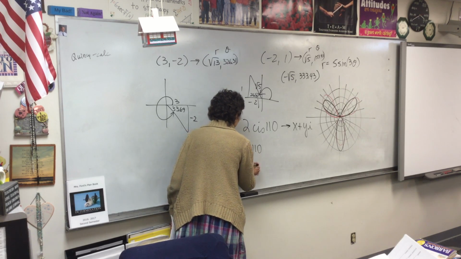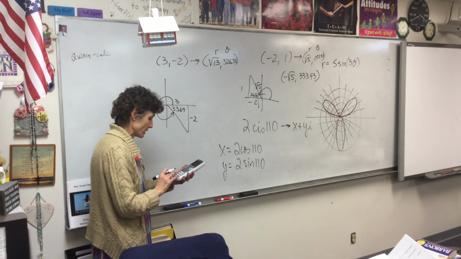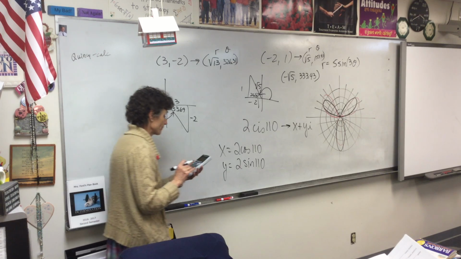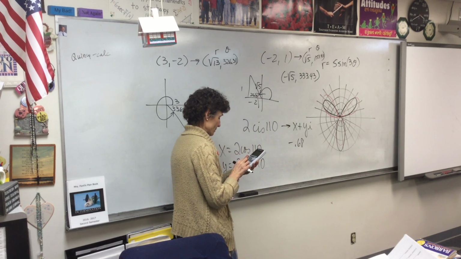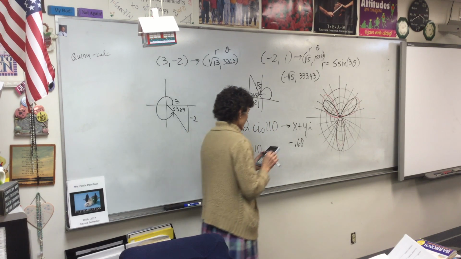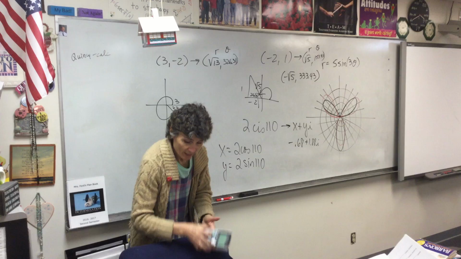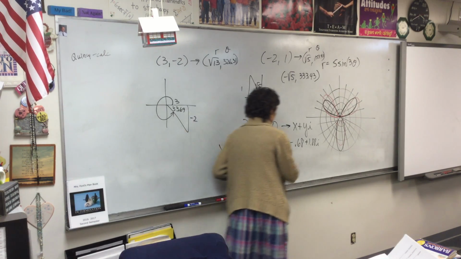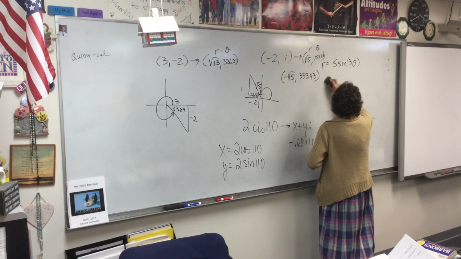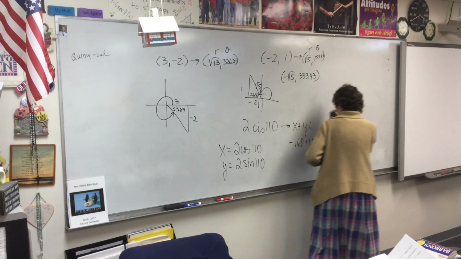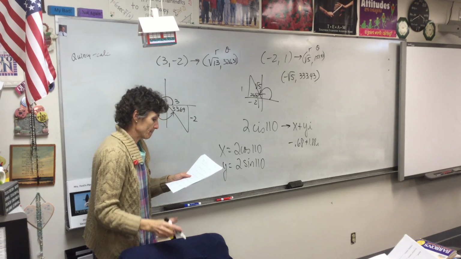Y equals 2 sine 110. 110 is not special, so I don't have a choice. I have to do it. So I got negative 0.68 and 1.88. So there is my complex form, rectangular form, standard form, Cartesian form, whatever form you want to call that. There it is. X plus yi.